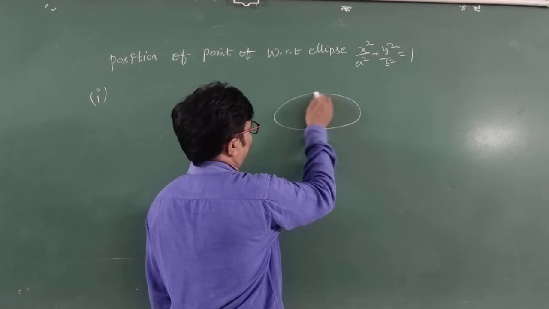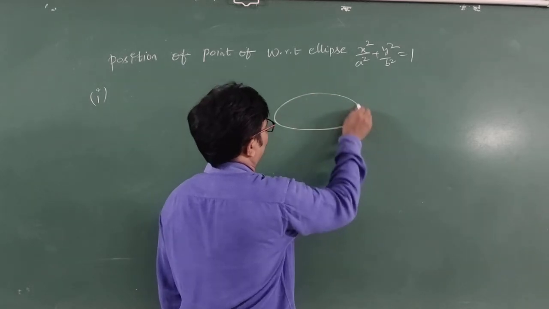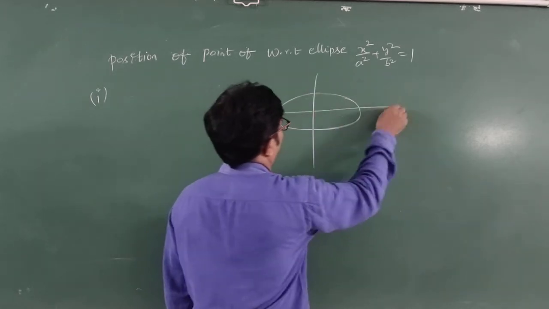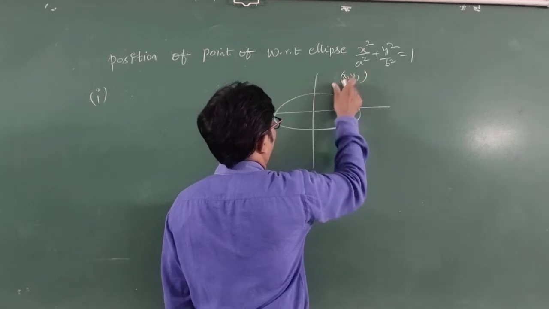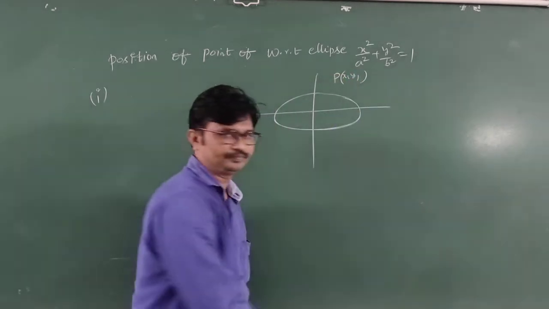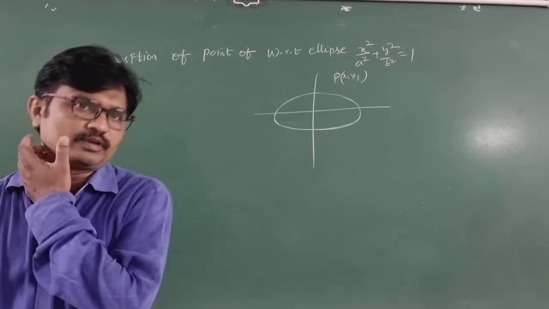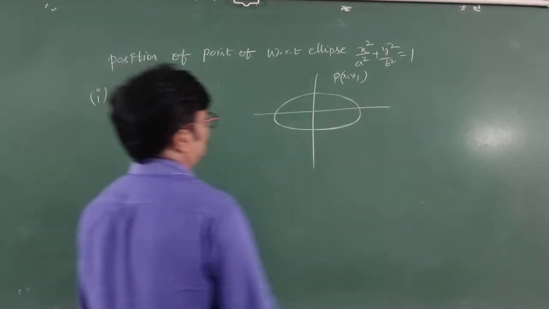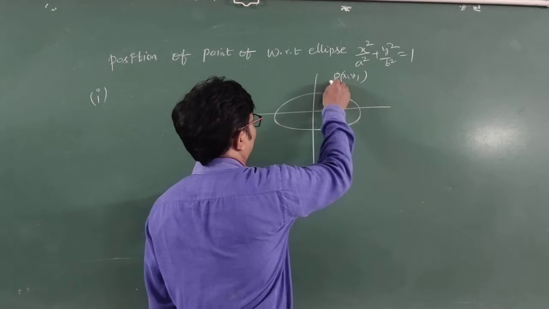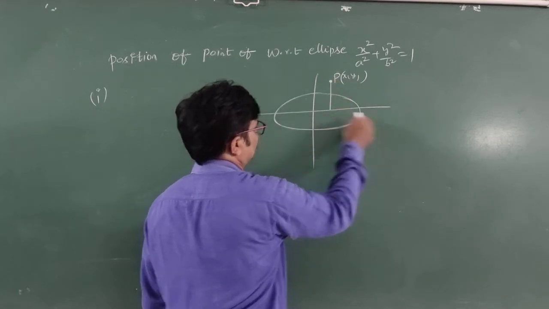When we are taking the ellipse, please concentrate here. Let P(x1, y1) be an outside point of the ellipse. My dear students, draw the perpendicular from P to the major axis.